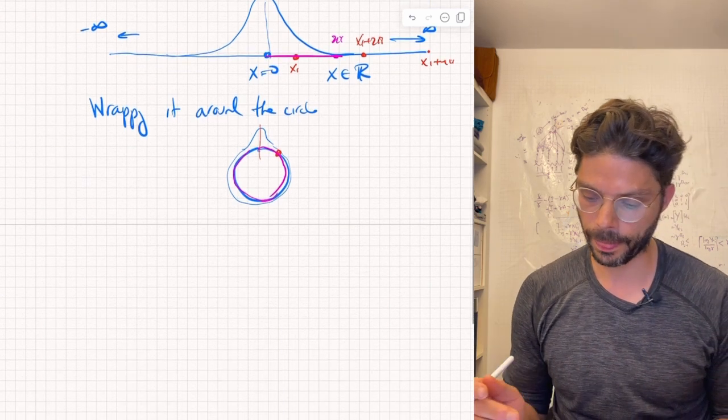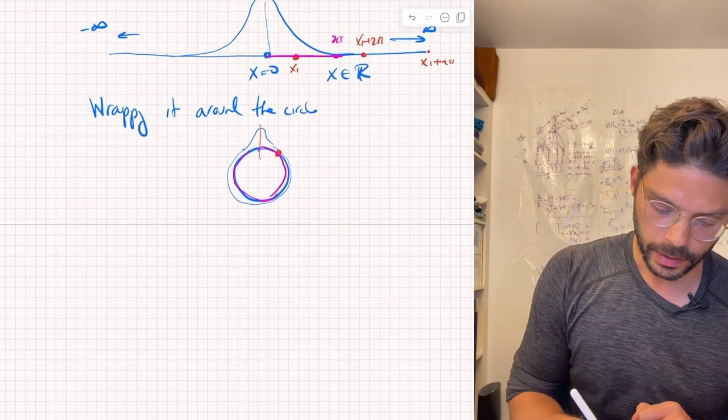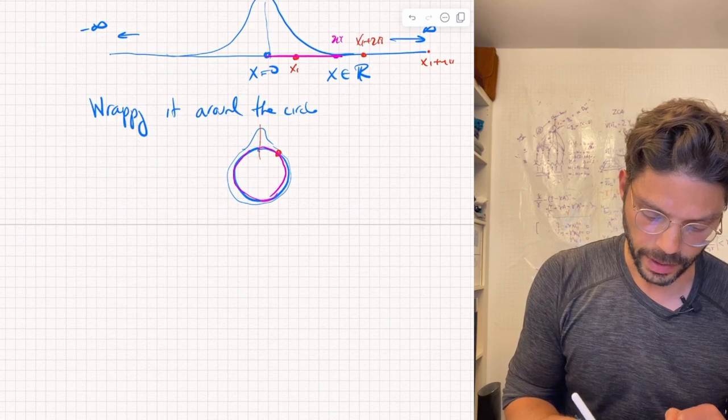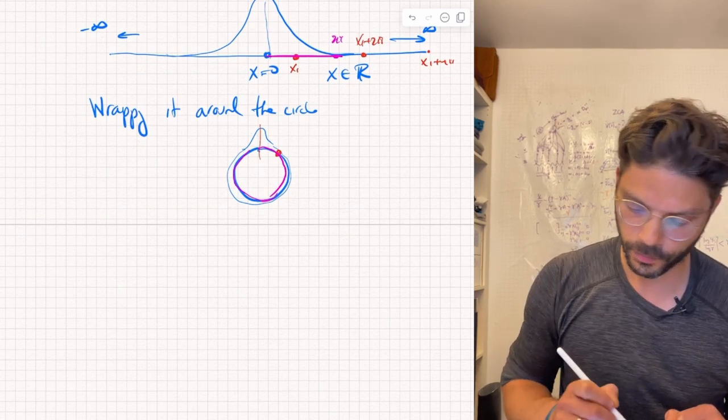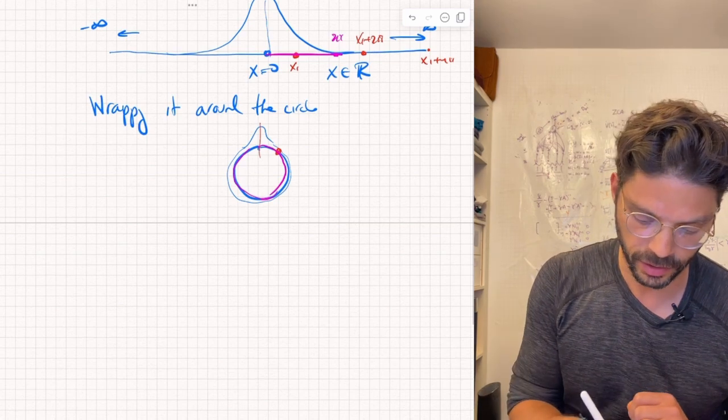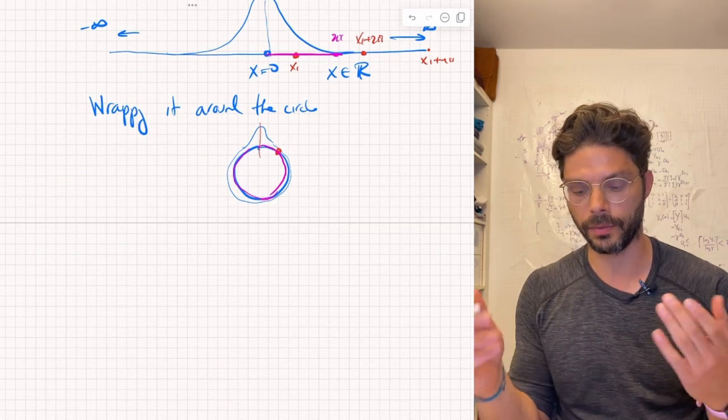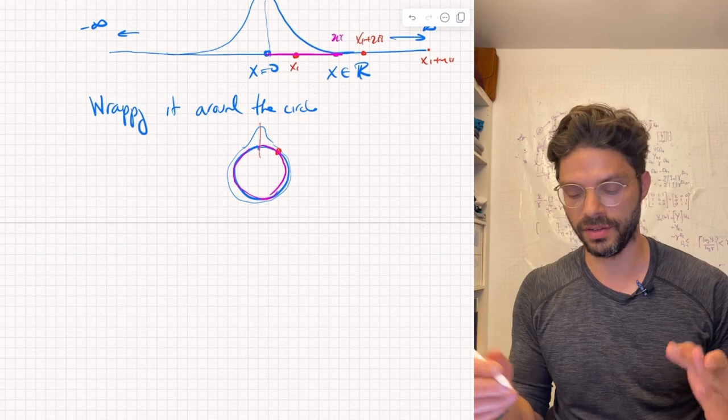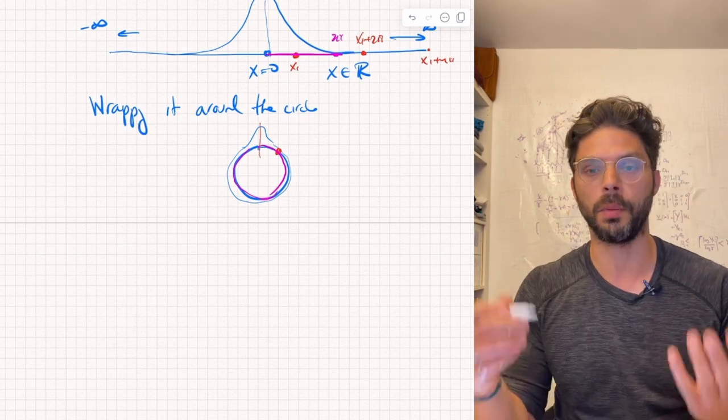Let's have a look. Instead of using indices, we'll just call it Q. So Q will be our distribution on theta.